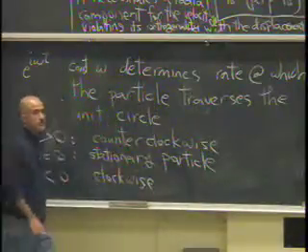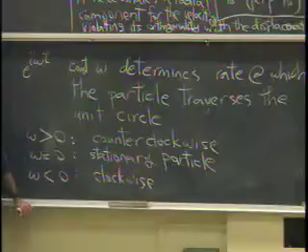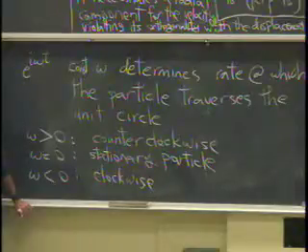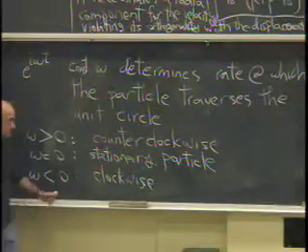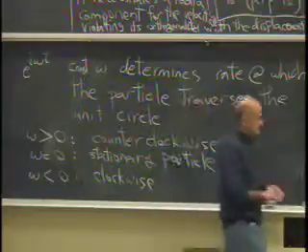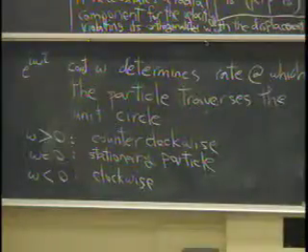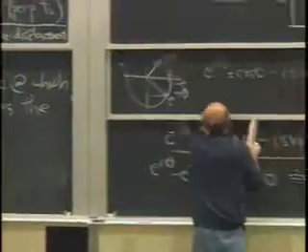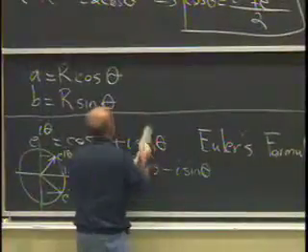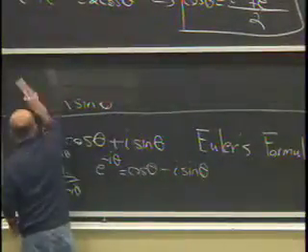Okay. Omega equals 2 pi. How long does it take for the particle to go around the circle?